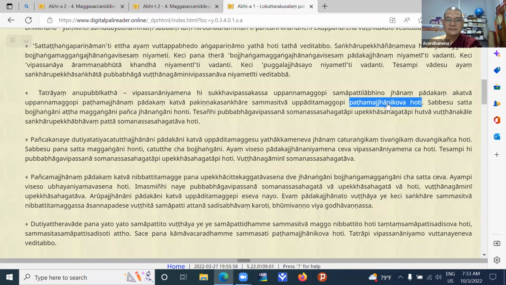So the difference between the second and the third person is that for the second person, he doesn't take jhana as the padaka. For the third person, he takes the jhana as the padaka. Yes. And what does it mean by taking a jhana as the padaka?